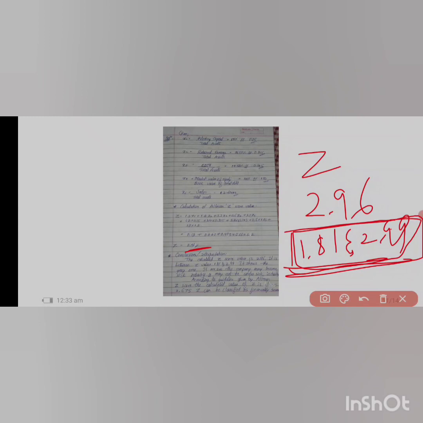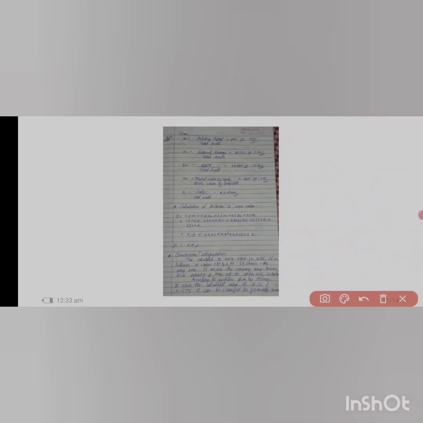And one more thing, Altman has given us some guidelines about z-score, that if the value is 2.675, right? If the z value is more than this value, then we can say that the company is financially sound.